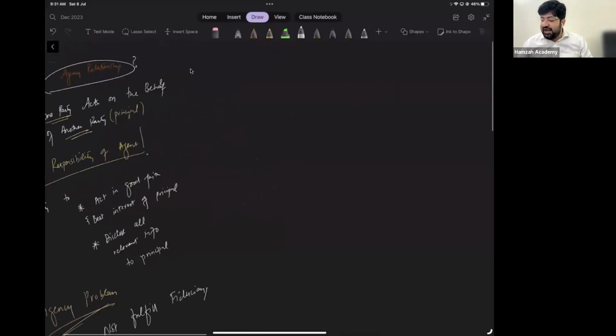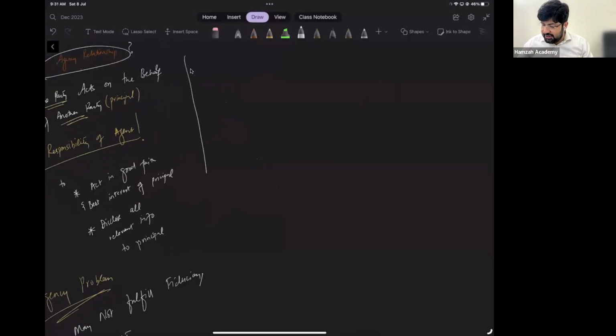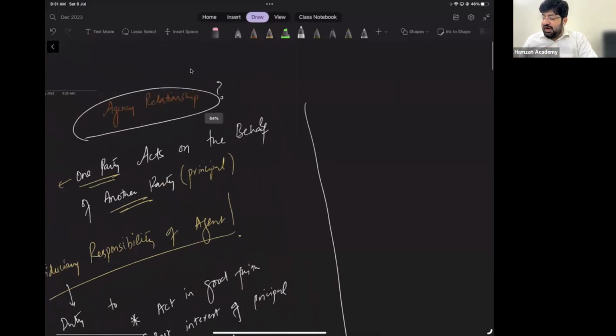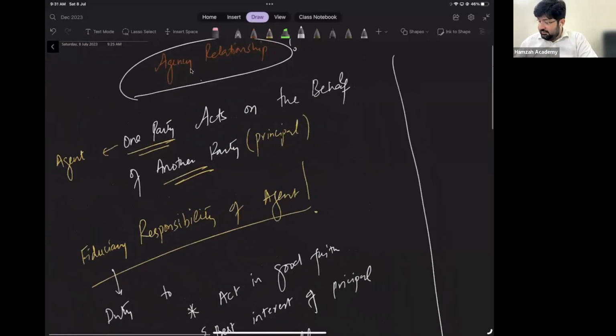So, directors of the company, now I'm going to link this with the company. Directors are agents of shareholders. Directors are running the company on behalf of shareholders.